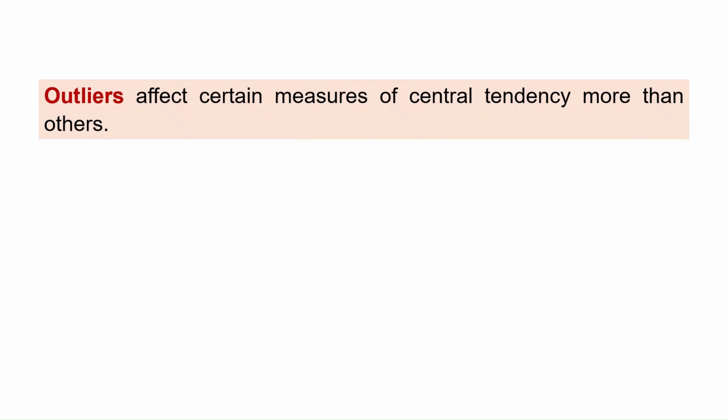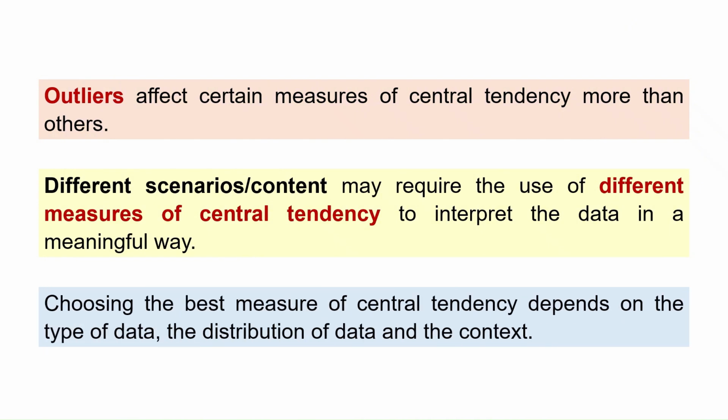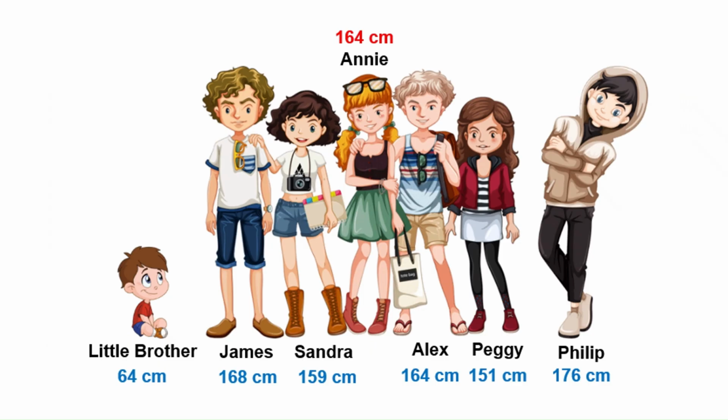Outliers affect certain measures of central tendency more than others. Different scenarios or contexts may require the use of different measures of central tendency to interpret the data in a meaningful way. Choosing the best measure of central tendency depends on the type of data, the distribution of data, and the context.